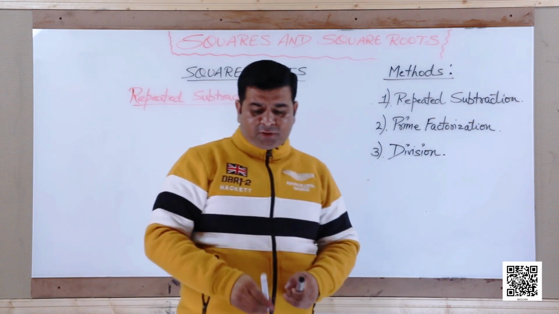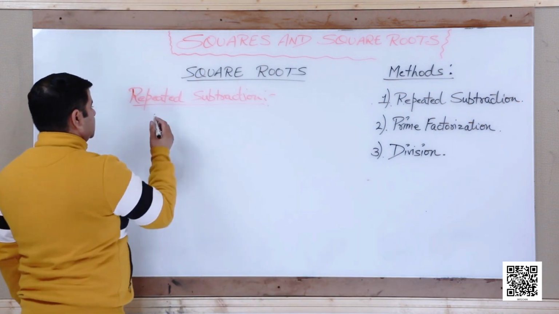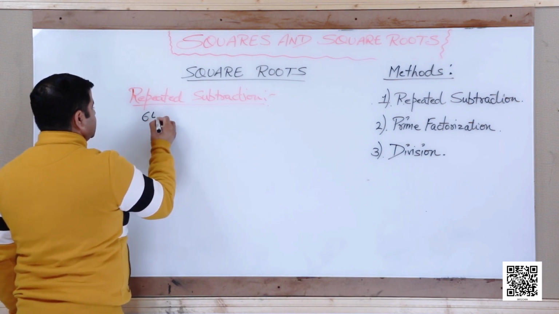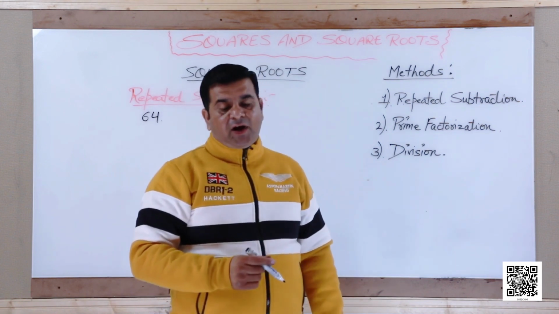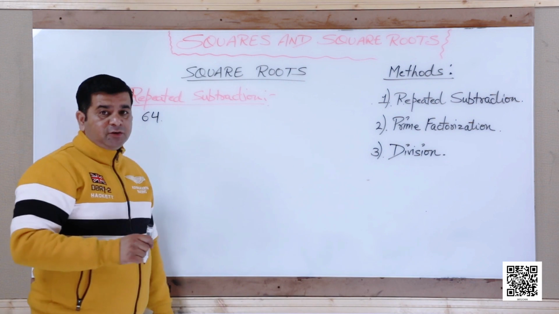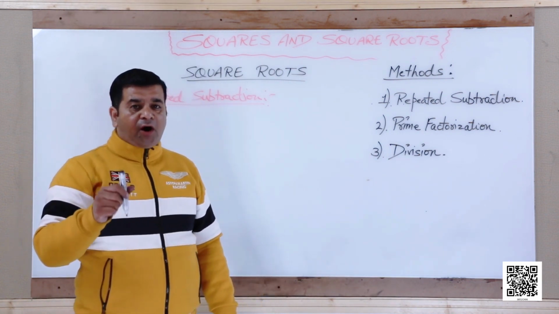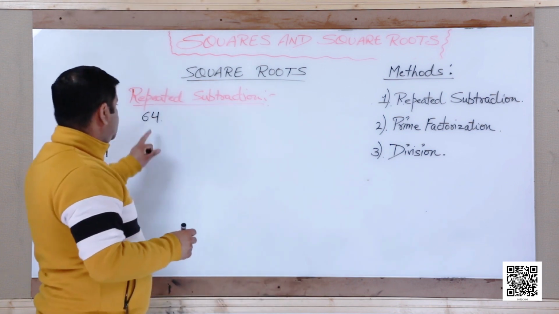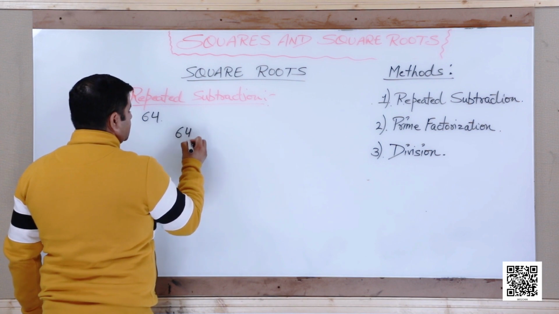Now, first of all, let's take a number, for example, say 64. I have taken this number 64 and I do have to find its square root. What I will do, we will first of all take odd numbers. As you see, the first odd number is 1.